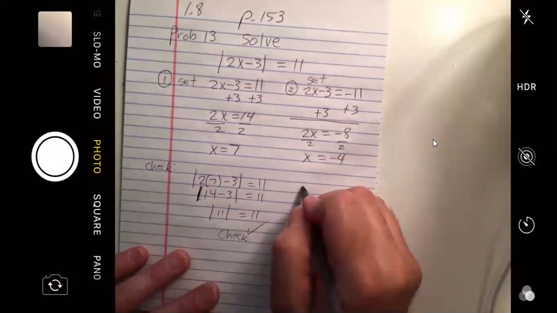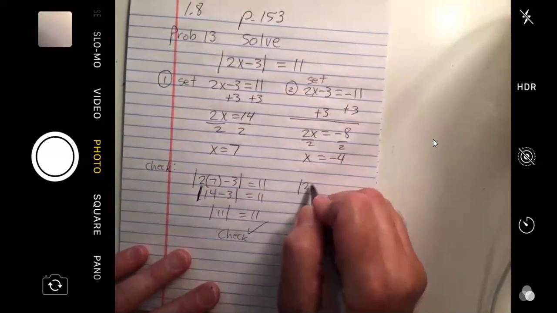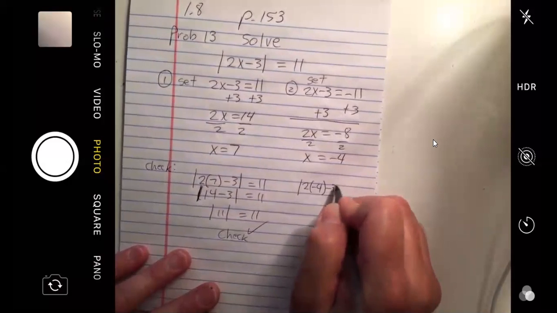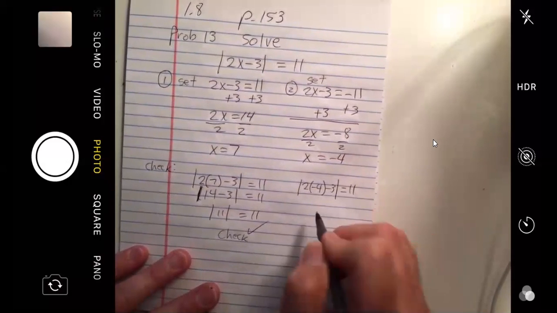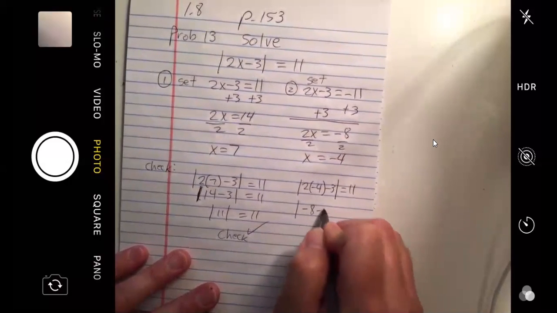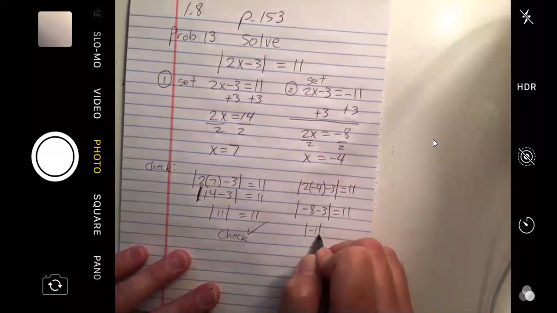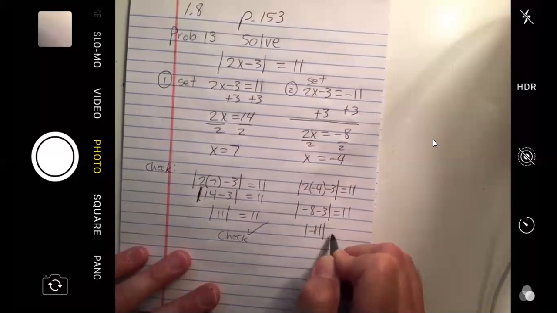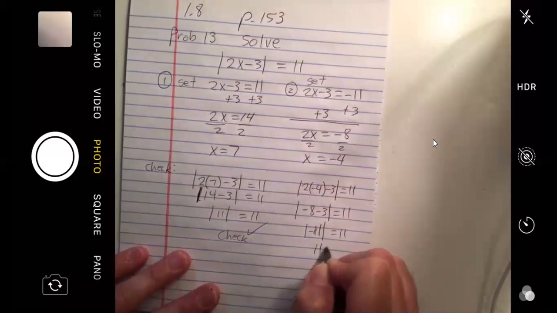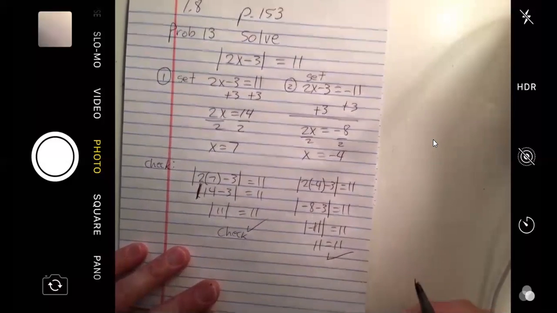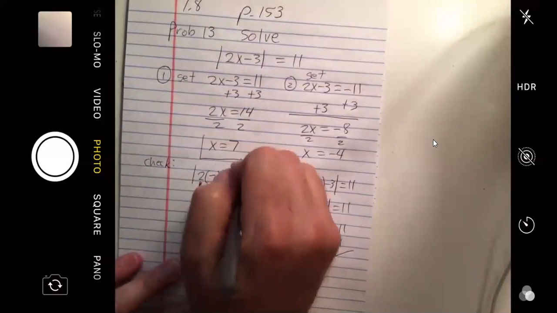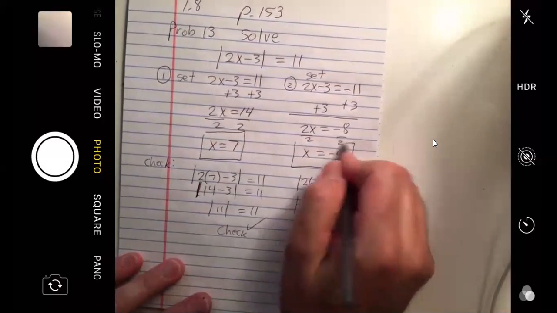Over here, absolute value of 2 times negative 4, subtract 3, equals 11. Negative 8 minus 3. Yeah, between the bars, it comes up negative 11, but the bars turn it positive. Check. So both of these answers work.